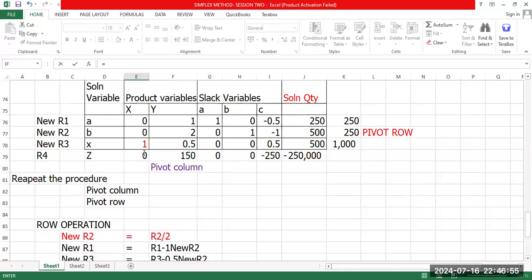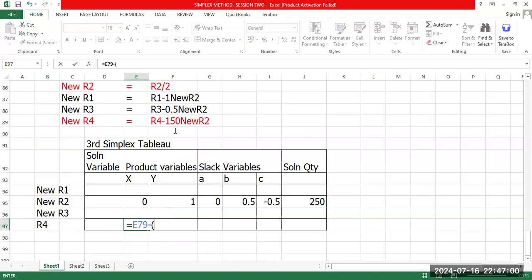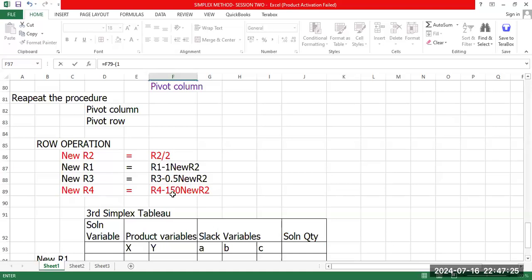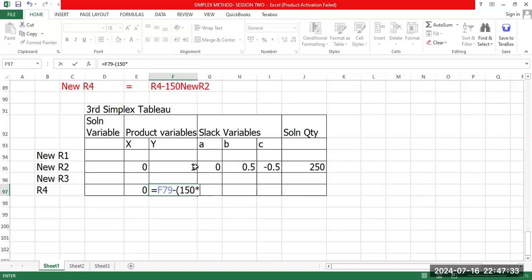The value we want to change is 0 minus open bracket, 150 times new row 2, which is 0. Then the next, what was the original value here? 150 minus open bracket, 150 times new row 2, which is 1.